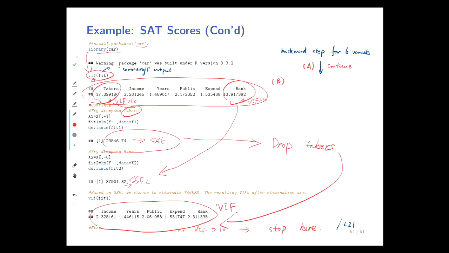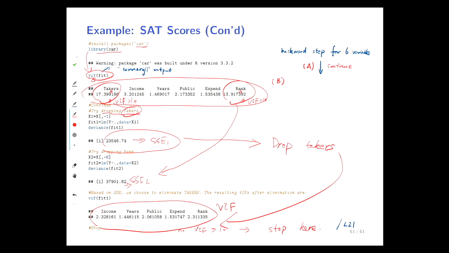So how can we determine the criterion B, which is which variable we should eliminate? Based on this result, we know that these 2 variables, takers and rank, they both have the multicollinearity problem. So we need to determine which variable we should eliminate. So let's just have a try. The first option here is just to eliminate takers.